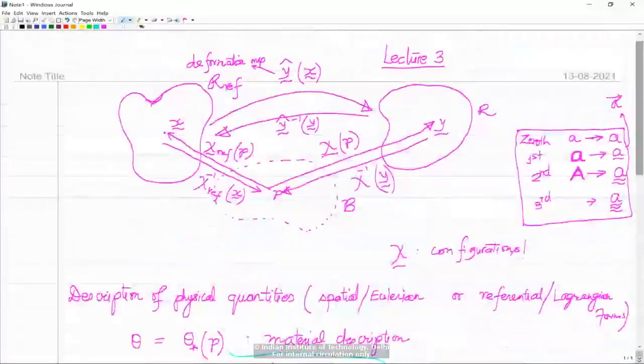So again, it is the temperature of the particle here in the current configuration. It is not the temperature of the particle over here. It is over here, but just expressed in different ways.